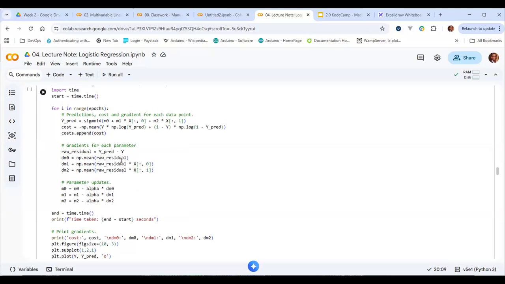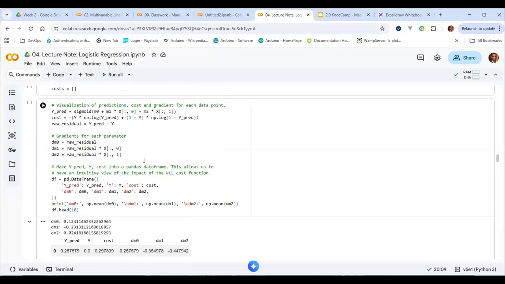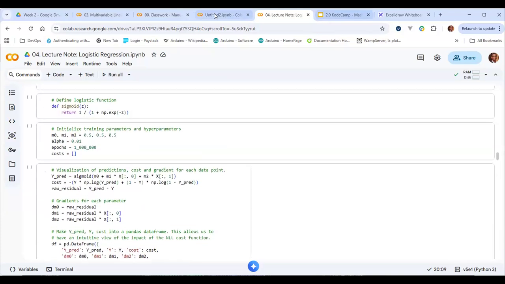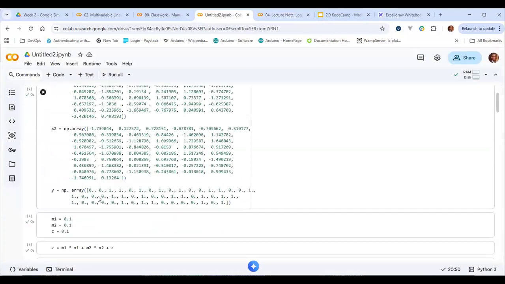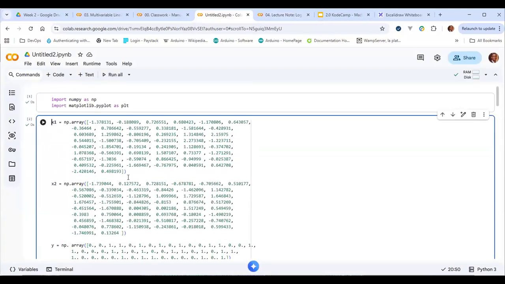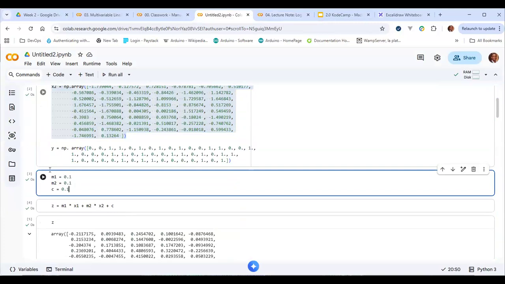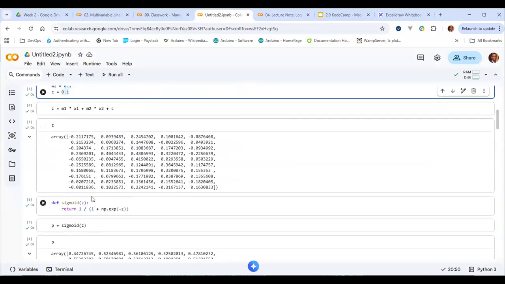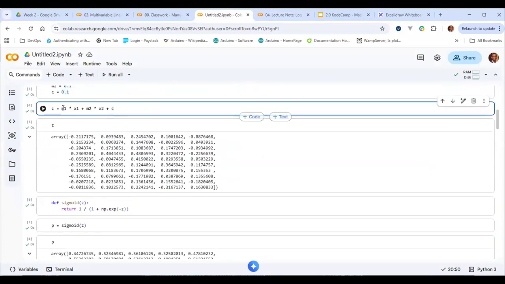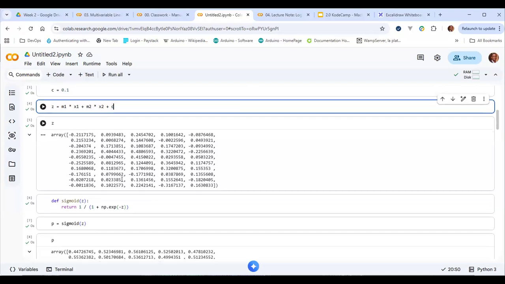So now there's a thing we call vectorization. If you look at what we did here, I had a separate array for x1, right? And I had a separate array for x2. And then I had y, and I did them separately. So we started with 0, 0.1, 0, 0.1, 0, 0.1 for the three values. And we have the z, m1 x1 plus m2 x2 plus c, right?